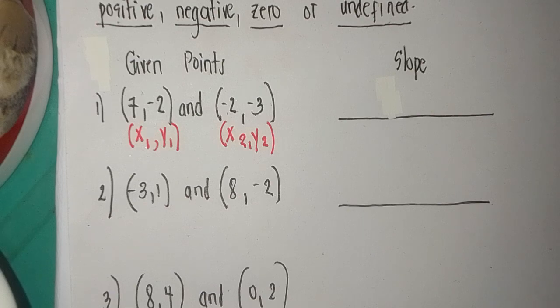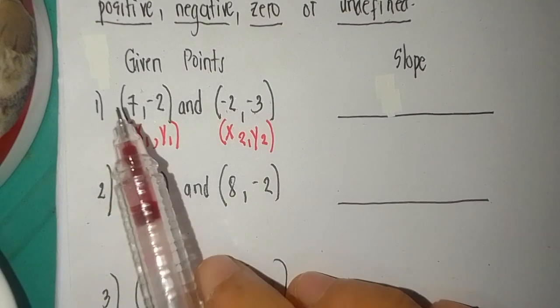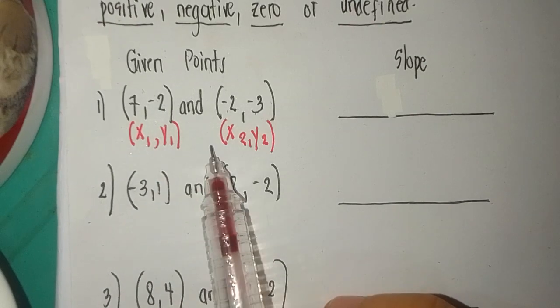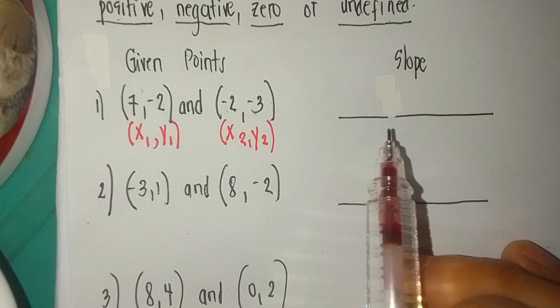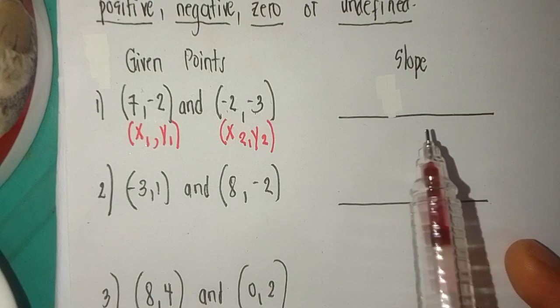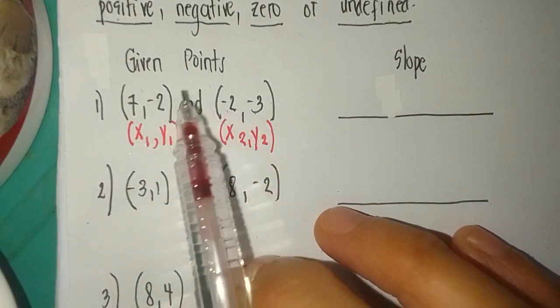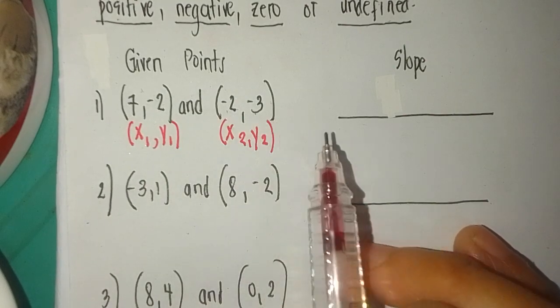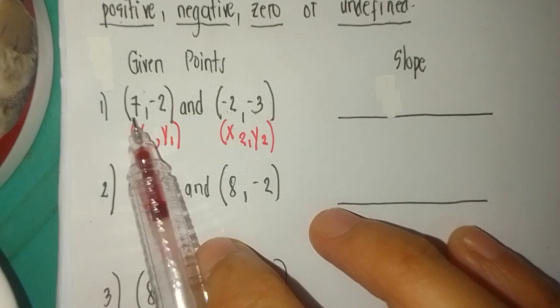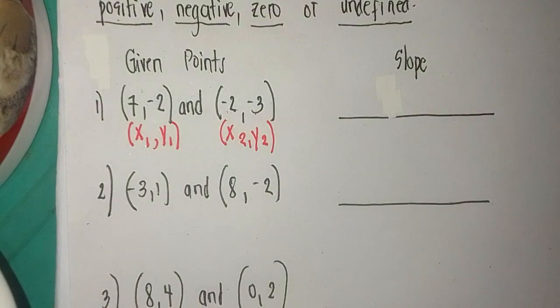So in my case, in this number 1, since 7, negative 2 is my first point, so of course the remaining point is my second point. And then again, you can interchange. The negative 2, negative 3 coordinate can be your first point and 7, negative 2 your second point.